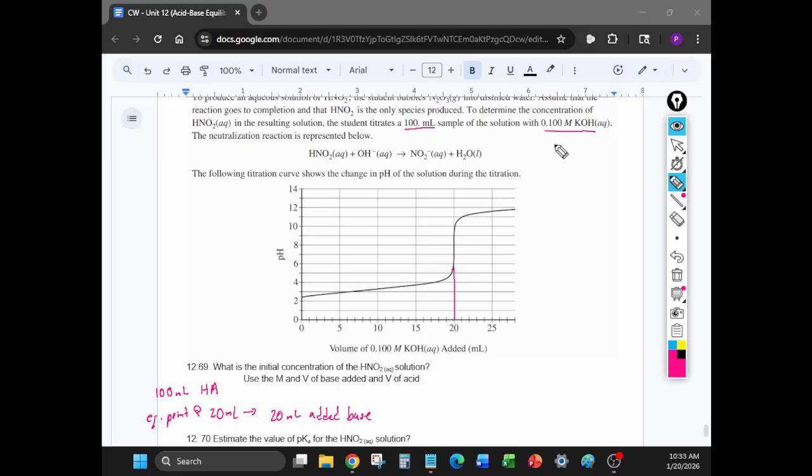We also know that the base is 0.1 molarity, so we can use the molarity formula. Molarity is moles over liters. So 0.1 molarity is equal to moles over the volume added, which is 20 milliliters, 0.02 liters. That means that we added 0.002 moles of KOH.